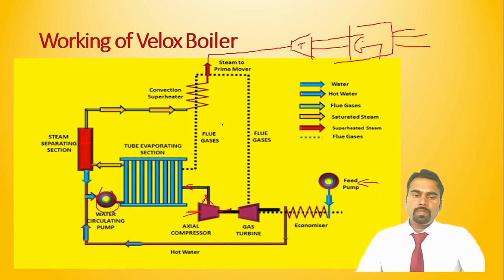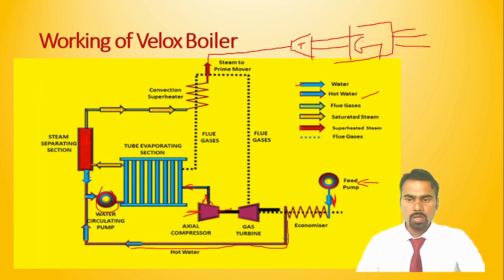So in this way the Velox boiler works. Here also we can see this by using these symbolic arrows. Blue color shows water, cold water. Then this is hot water, here also hot water, this is hot water, right? Next is flue gases.